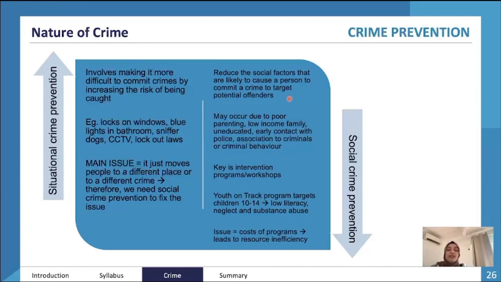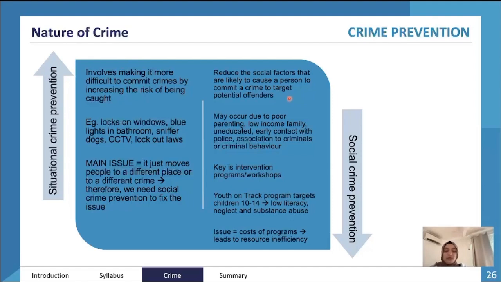So what can we do? Intervention programs and workshops: try to encourage youth to come into these workshops, or encourage them to take on education, so that they avoid going through different routes which may lead to criminal behavior.